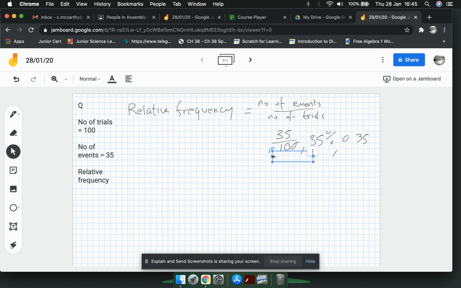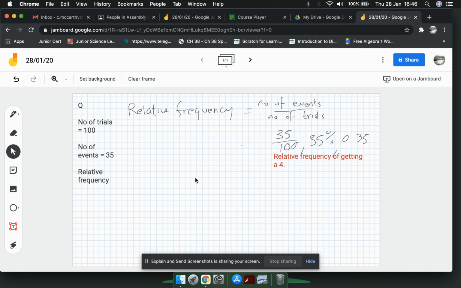So we could say there is a relative frequency of 0.35 of getting a 4. Let me change the color there just to highlight that one.